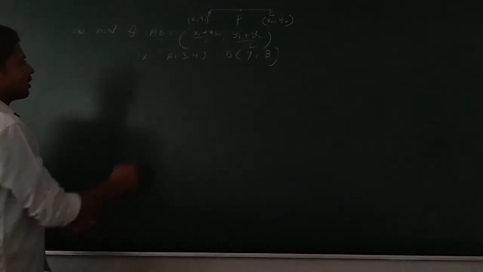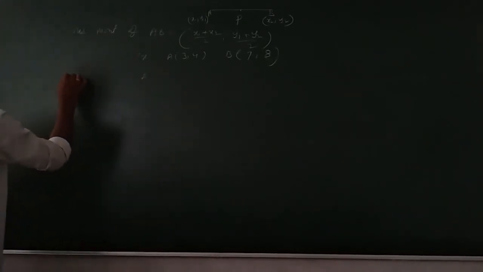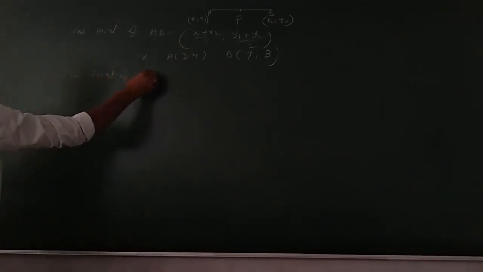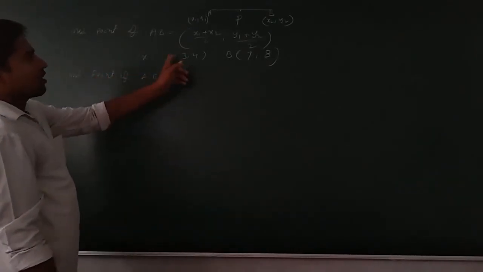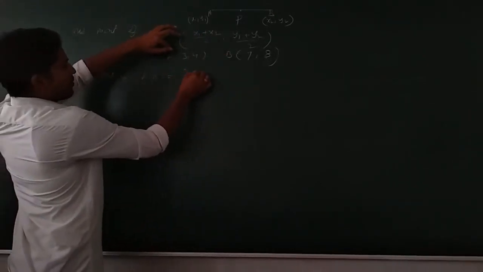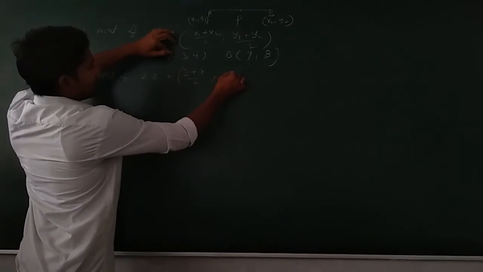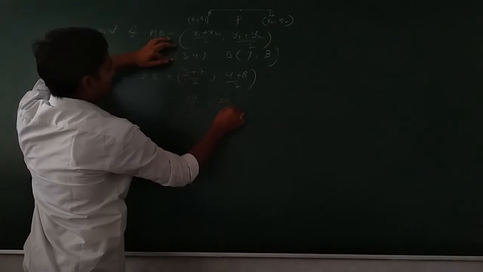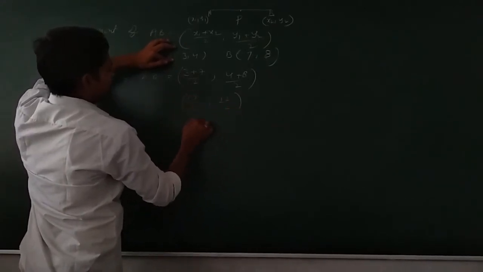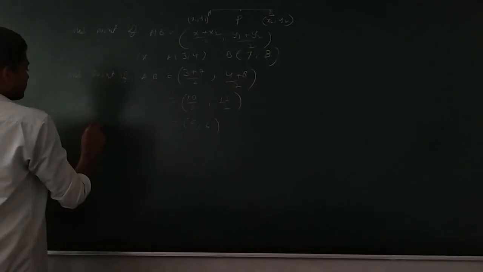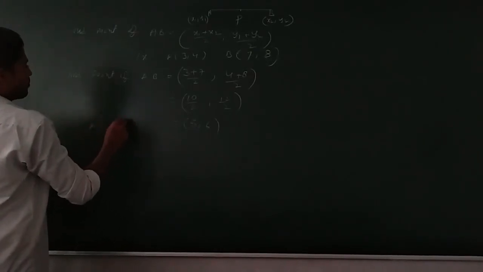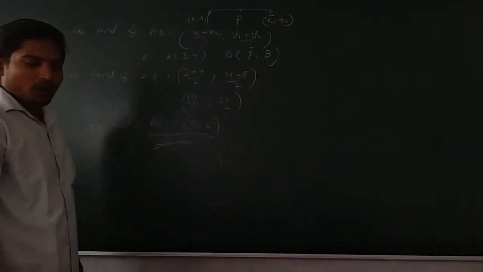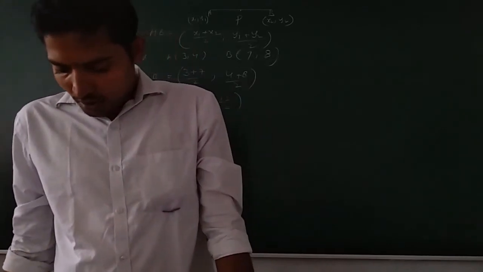Now the midpoint of AB is x1 plus x2 by 2, y1 plus y2 by 2, that is 3 plus 7 by 2 comma 4 plus 8 by 2, which is equal to 10 by 2 comma 12 by 2, which is equal to 5 comma 6. Therefore the midpoint of AB is (5, 6), right?